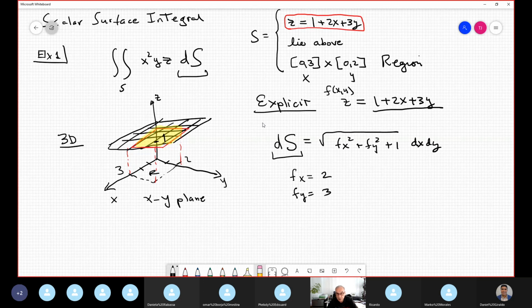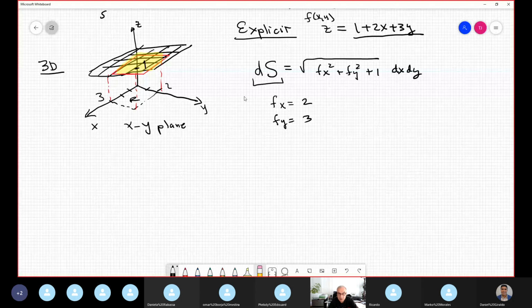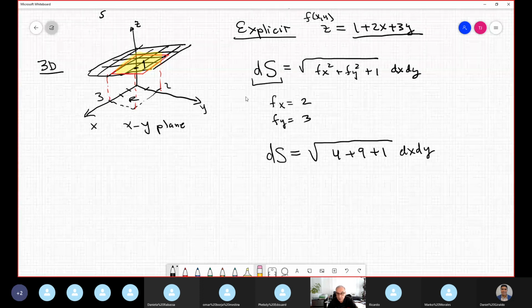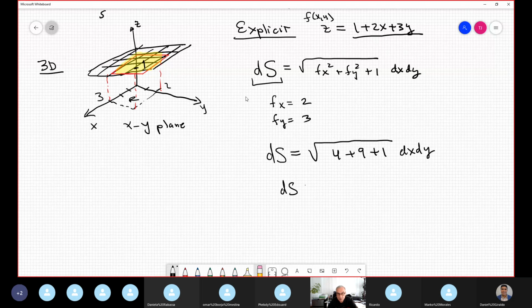Now my equation looks like this: ds is equal to the square root of 4 plus 9 plus 1 dx dy, so ds is equal to square root of 14 dx dy.